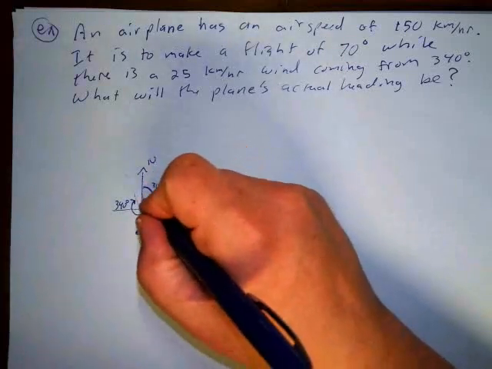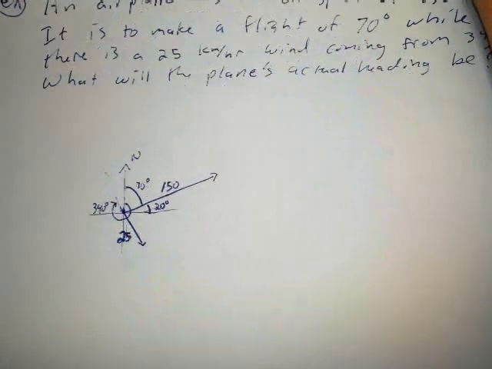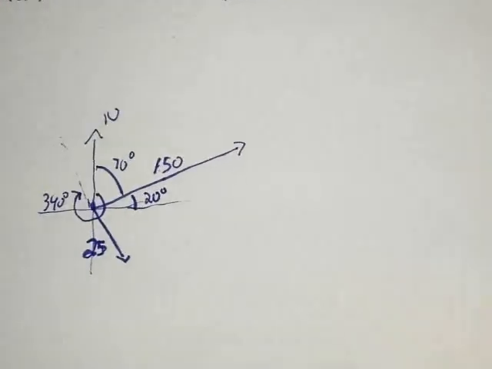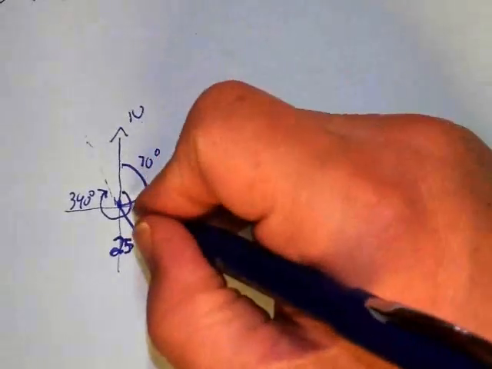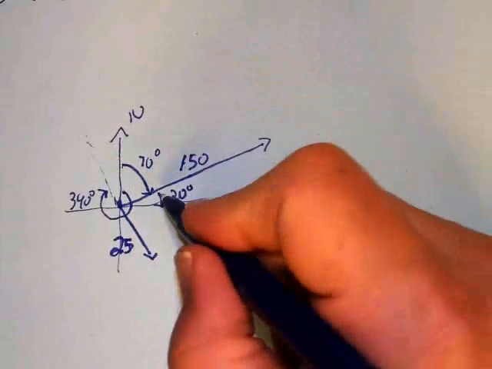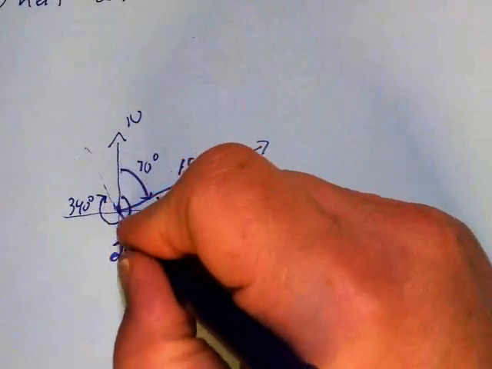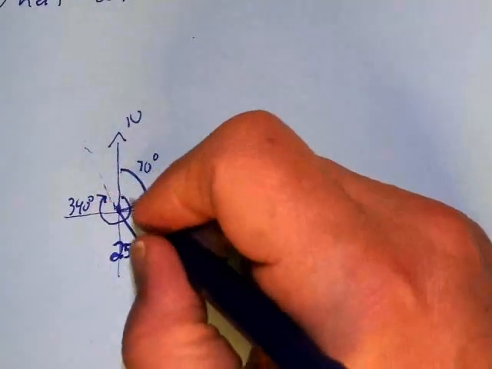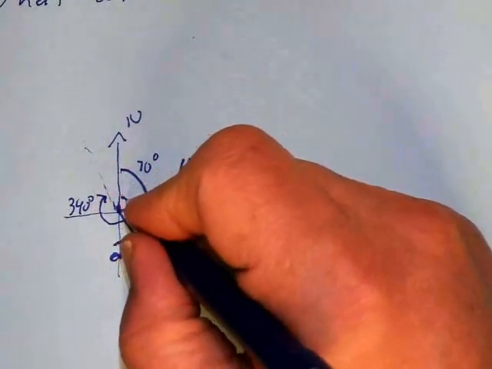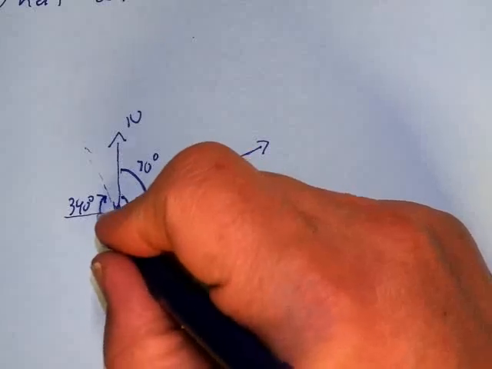Now, if this whole bearing is 340, so basically, like I was saying, if this is 70, then this is 20. If I go all the way around to 340, but stop here, three-quarters of the way around, that's 270.